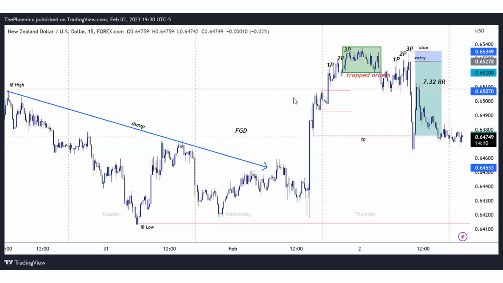So that would have been the final example, and I hope this video would have opened your eyes to just how the setup could play out for you. And these setups occur on a daily and weekly basis across pairs.